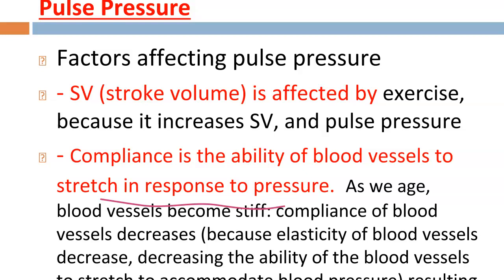But if the hallway is not able to become bigger, all of a sudden, when the left ventricle pumps blood out, that extra volume of blood will create more pressure as it bumps against each other and the walls of the blood vessel. So, an increase in pulse pressure as we age is typically a sign that our blood vessels are becoming stiff and they're not able to accommodate the extra pressure, especially the extra systolic pressure.